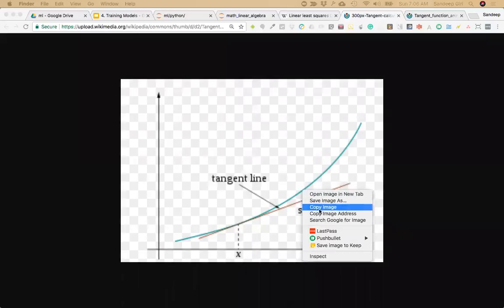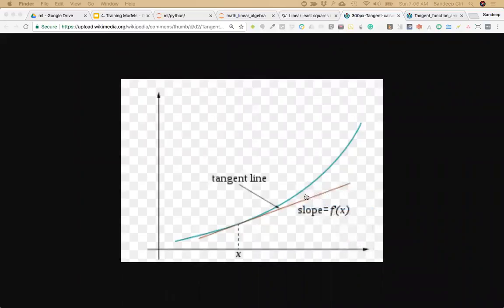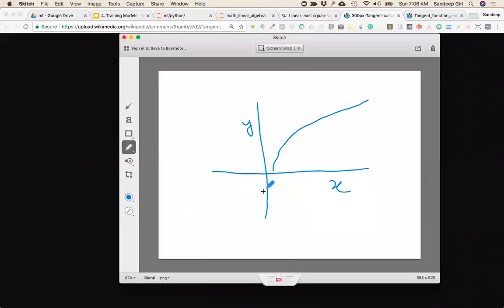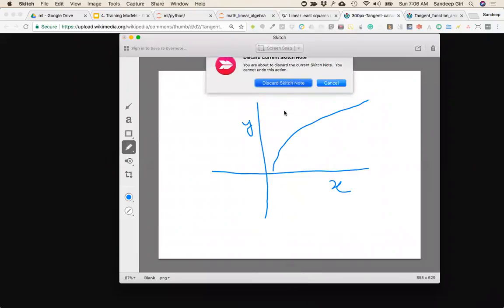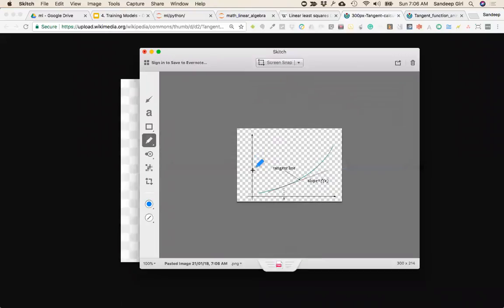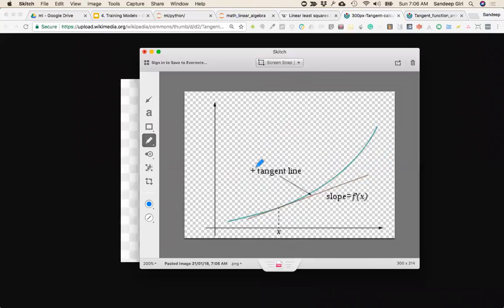Okay, let me show you. So let's say this is the curve and we want to find out the derivative at any point.